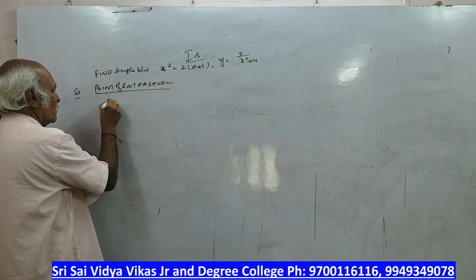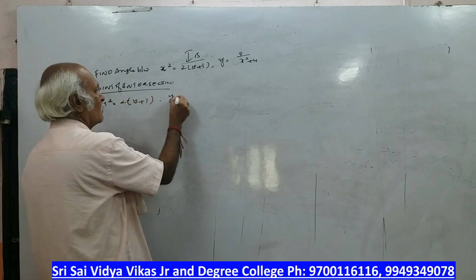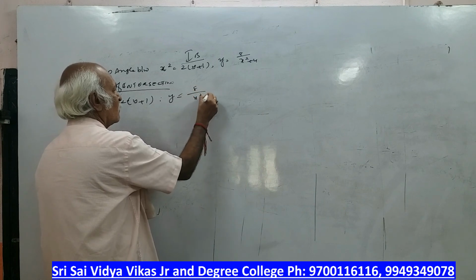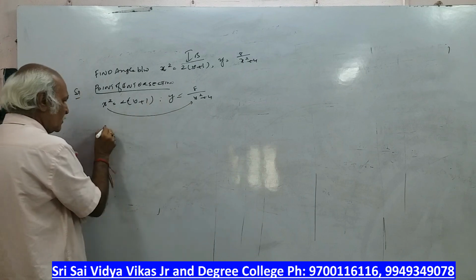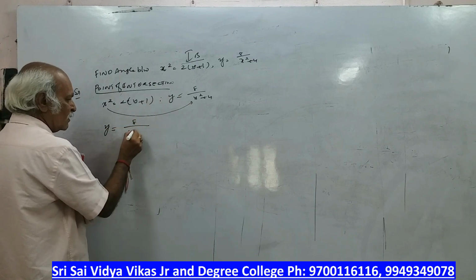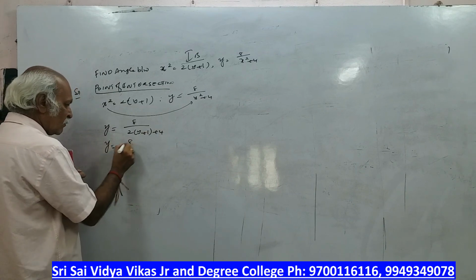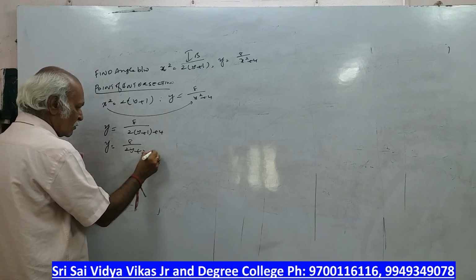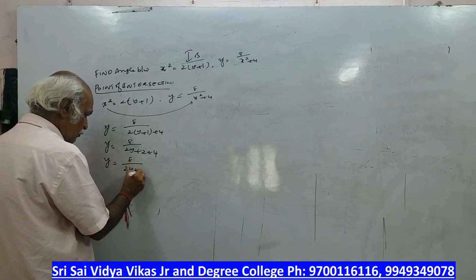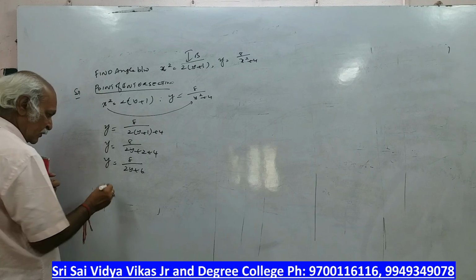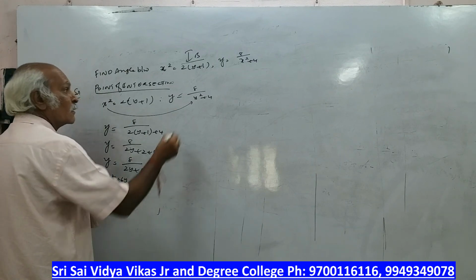So first we write, therefore put the x square value here. Y is equal to 8 by 2y plus 6. Cross multiply this. So 2y square plus 6y is equal to 8.